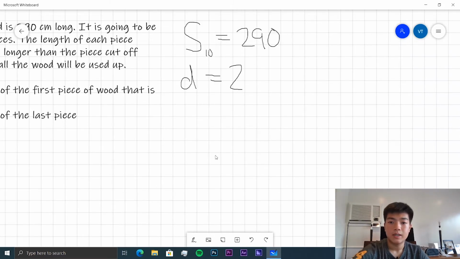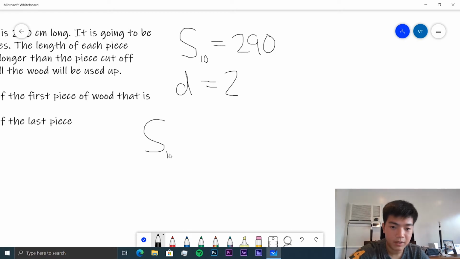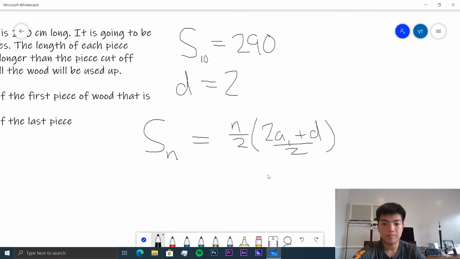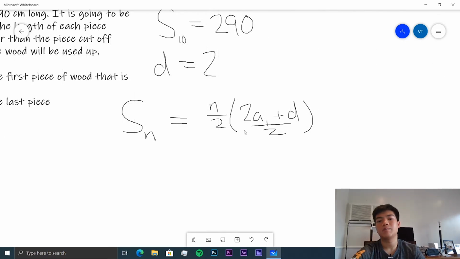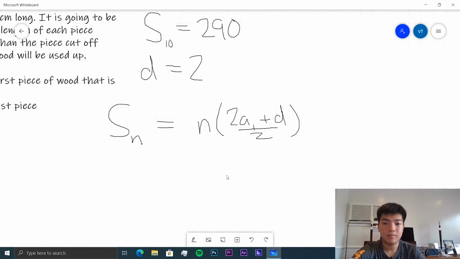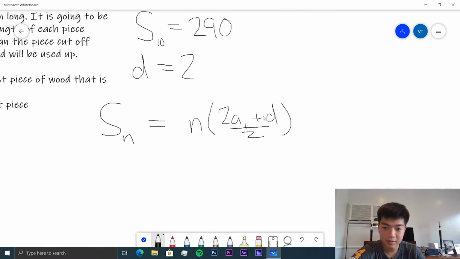We can rewrite the sum of n as n over 2 times 2a1 plus d times n minus 1.